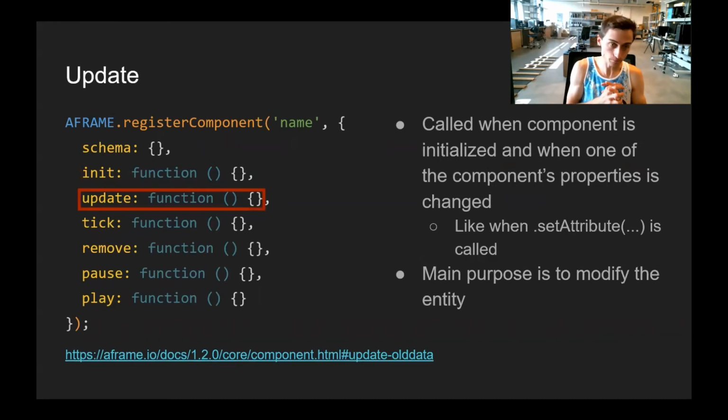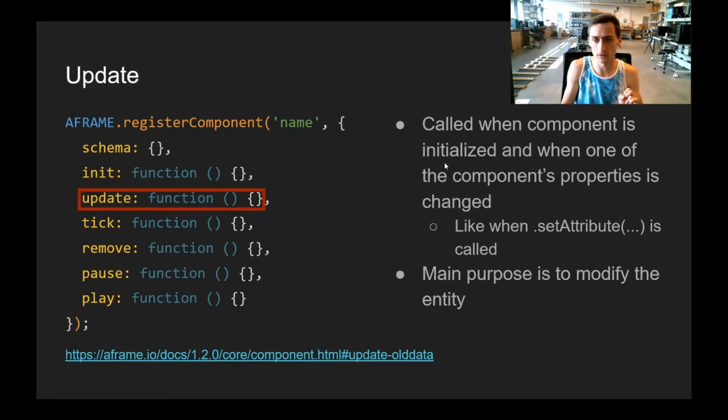All right. Update. So update is pretty interesting because this function, if you write code in here, the code will execute every time a change is made to your component. So let's say maybe the component is moved, or maybe something else changes its color, or it's grabbed.